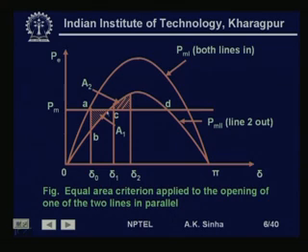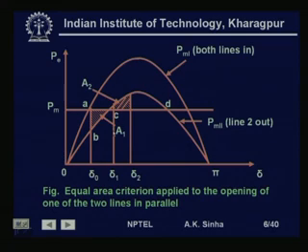So, it will keep on moving along this line till the speed becomes equal to synchronous speed at this point. Then, since there is more electrical power than the mechanical input, there is a retardation, because of which delta will start going down.